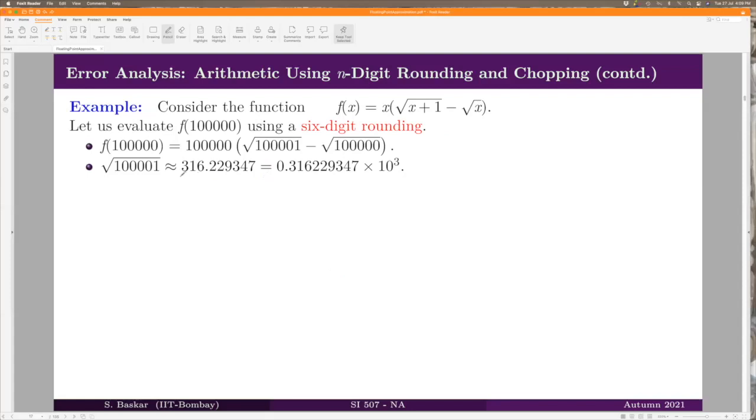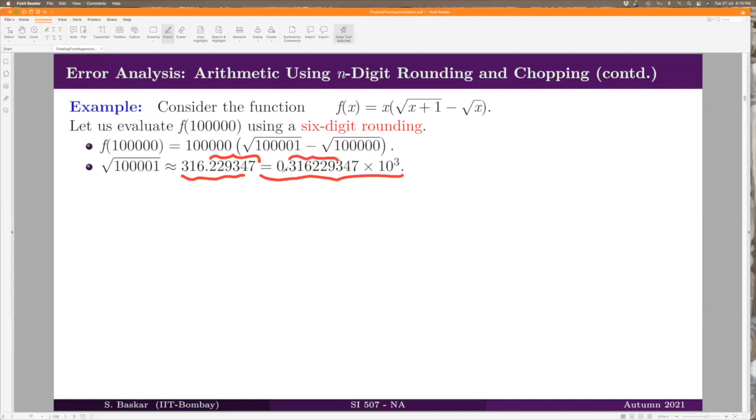You may even do 6-digit rounding directly here, but I prefer you to first write it in the floating point form and then do the 6-digit rounding. Sometimes students will by mistake do 6-digit rounding here itself, but actually you should do the 6-digit rounding on the mantissa.